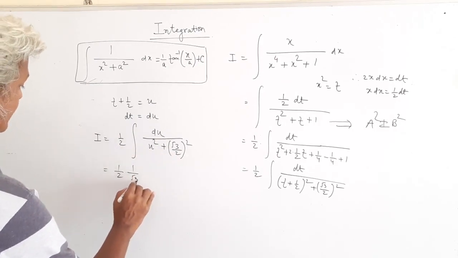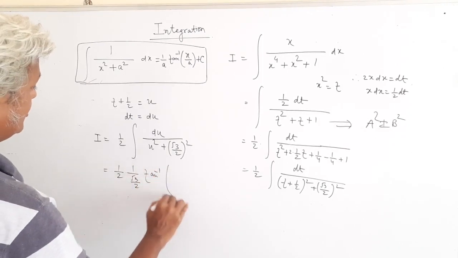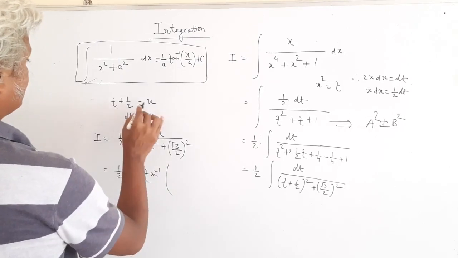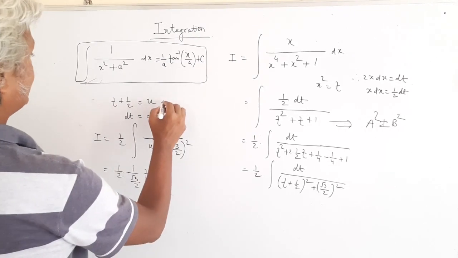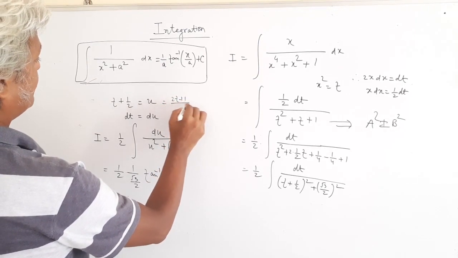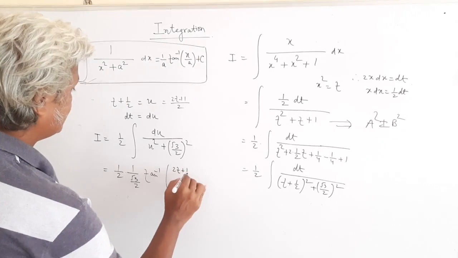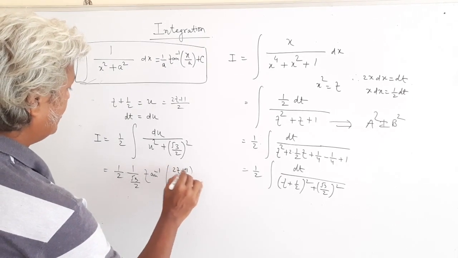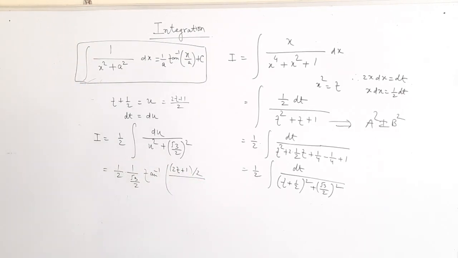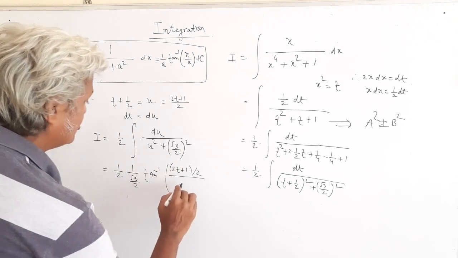So this is root 3 over 2 tan inverse u over this. But okay, in place of u I can write t plus half. Better I simplify this t plus half as 2t plus 1 over 2. So this u is 2t plus 1 over 2 divided by a, which is root 3 by 2.